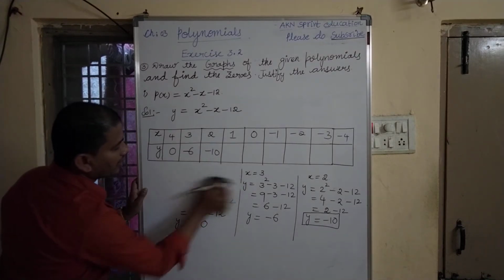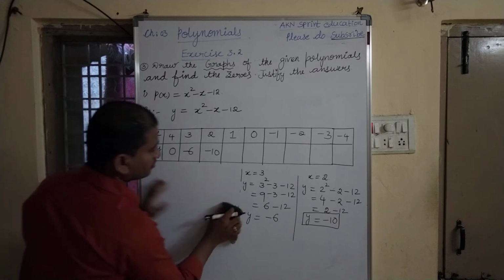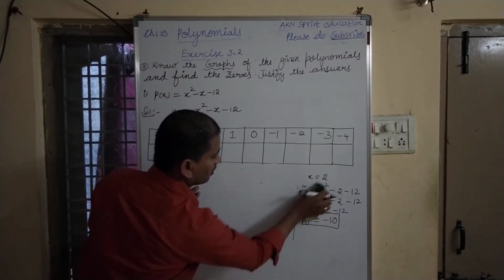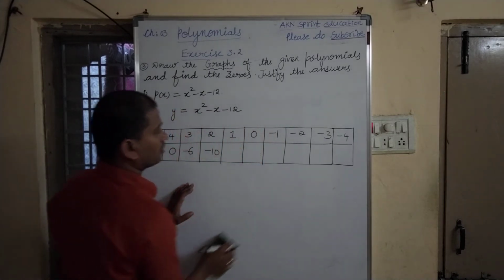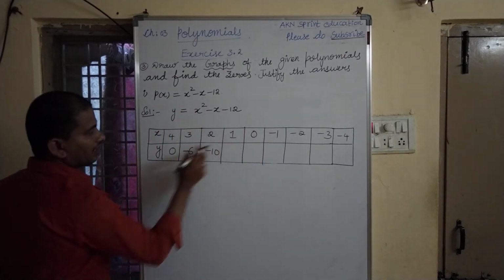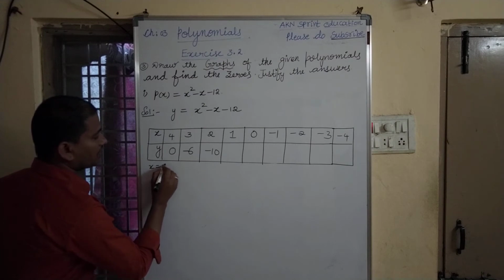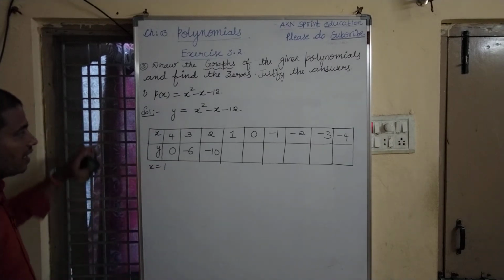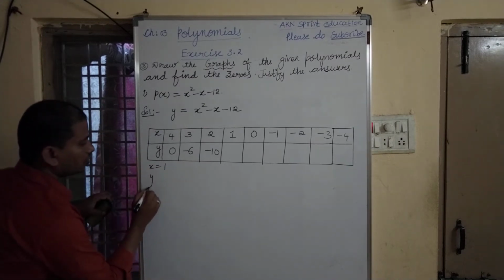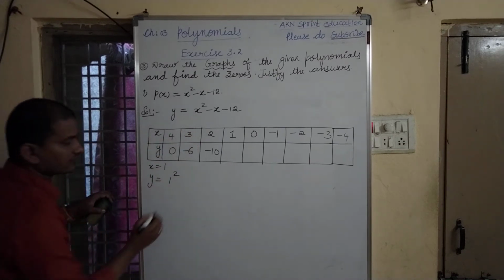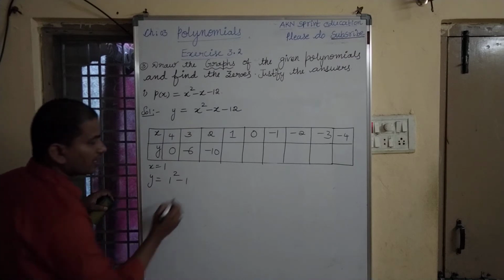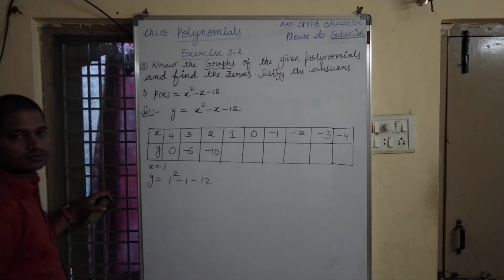Okay. Now let us find at x equal to 1. Now let x equal to 1. What is the value of y? Y equal to, in the place of x, substitute 1, 1 square minus 1 minus 12.